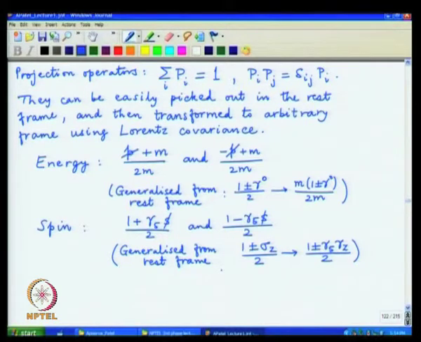Now, when the spin direction is Lorentz transformed from z axis to general S mu, gamma z changes to S slash equal to gamma mu S mu.